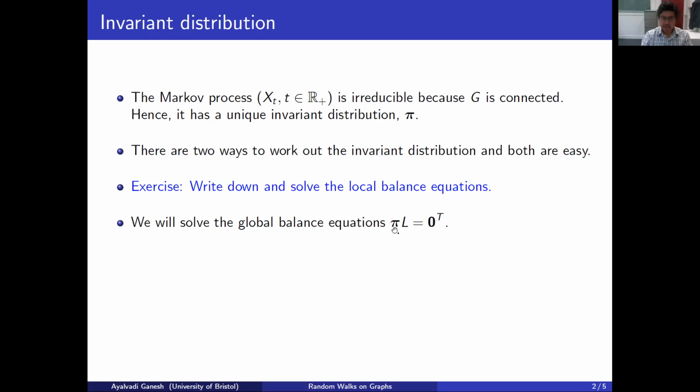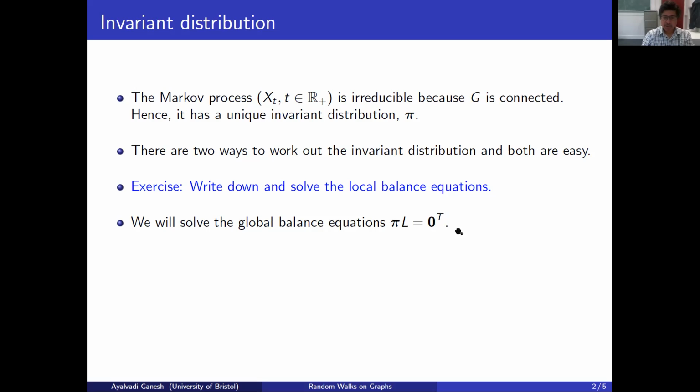And so pi is a row vector, and pi times L is a row vector, and it's equal to this row vector. Okay, so reminder about notation. Mostly vectors are column vectors by default, unless they are probability distributions, in which case they are row vectors by default.